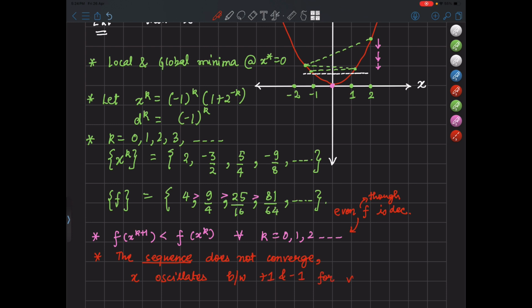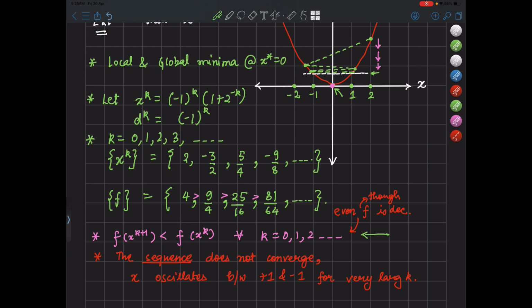So as soon as you go to very large values, it will keep on iterating between -1 and 1. It will never go below this white dotted line, which means it will never converge to the actual local minima, even when the value of f is going down. So the algorithm does not converge even when f is descending.